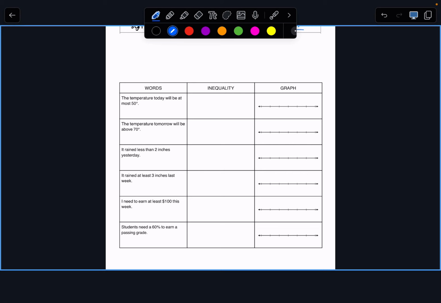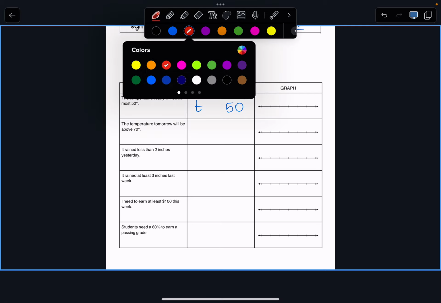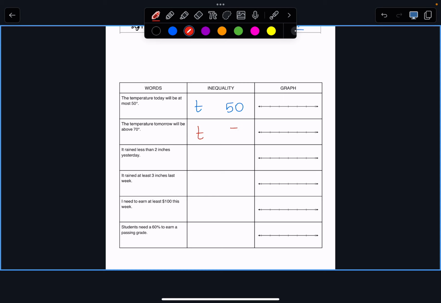I want you to write T, and I want you to write 50. The temperature today will be at least 50. The temperature tomorrow will be above 70. So I'm going to write T, and I'm going to write 70.